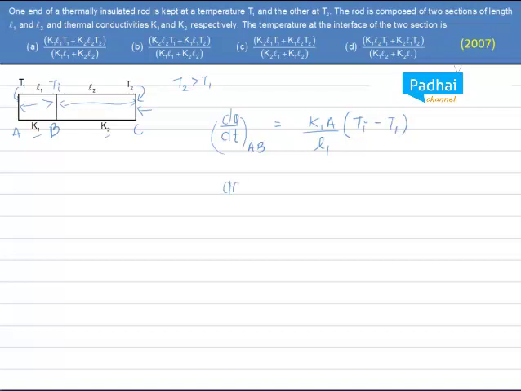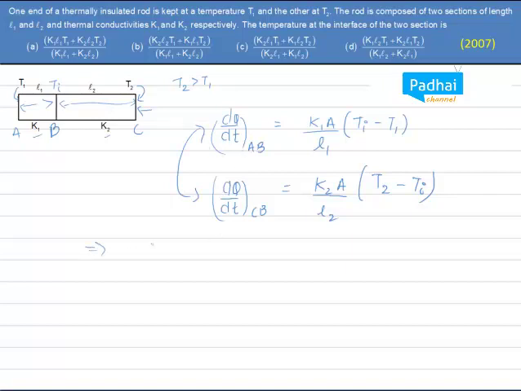And dq by dt for section CB will be equal to K2 into A divided by L2 into T2 minus Ti, because the area of cross section is the same. Now these two values are equal because the rate of heat transfer should be the same.